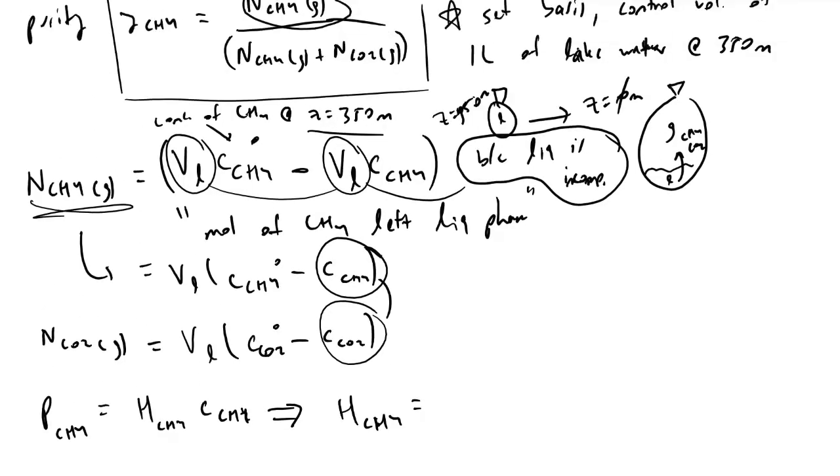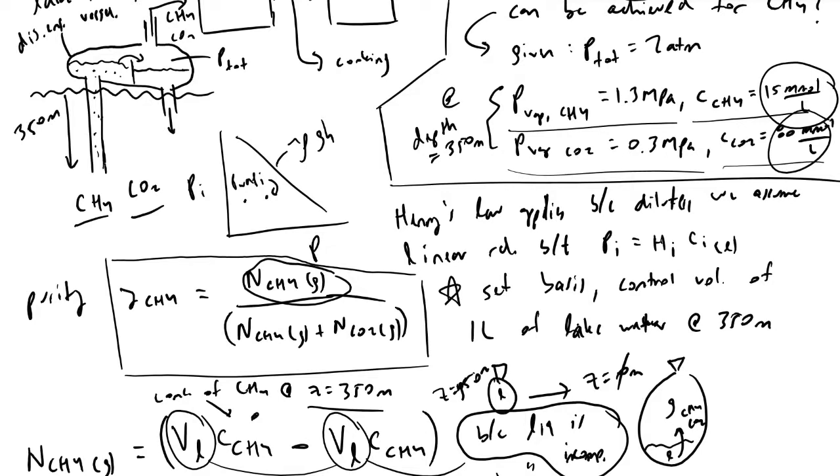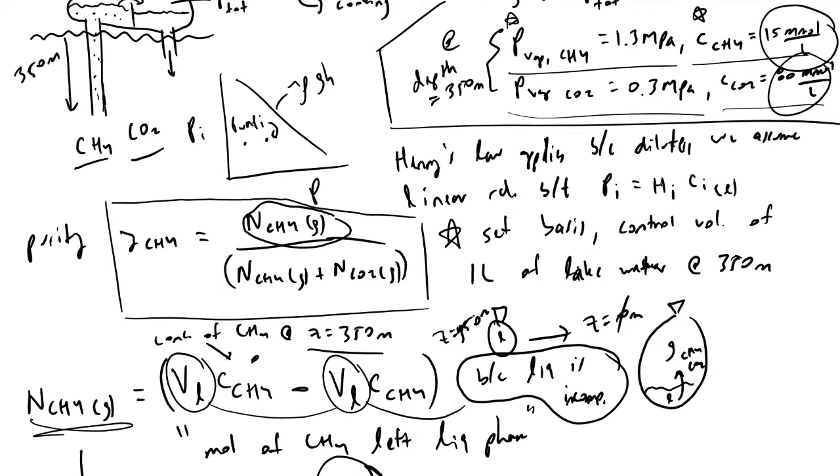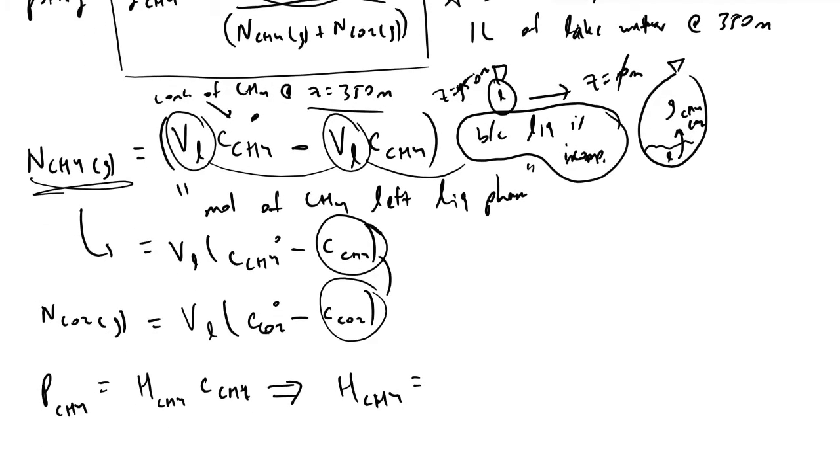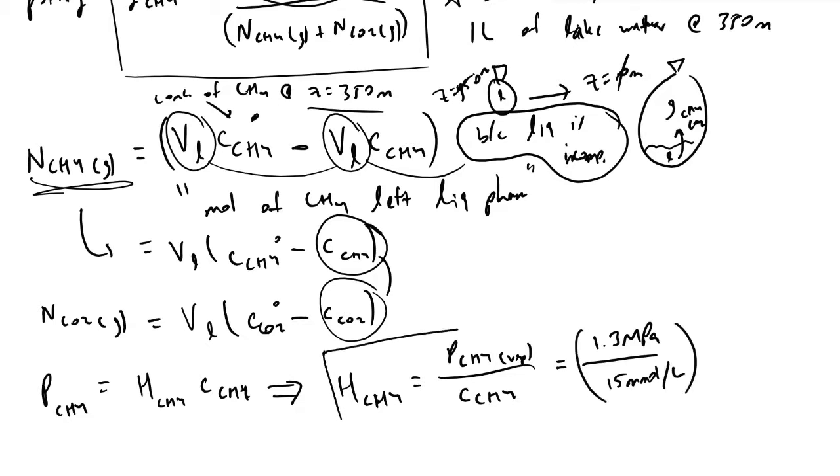Because we were given in our problem statement the vapor pressure of methane as well as its concentration in the liquid phase, we can evaluate the Henry constant of methane by dividing the partial pressure of methane, in this case the vapor pressure, by the concentration of methane. This was 1.3 megapascals, and it was 15 millimolar per liter. And this tells us what our Henry constant is.